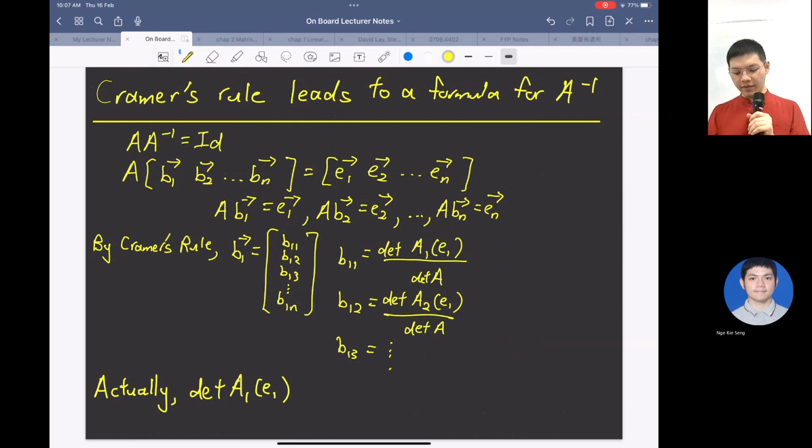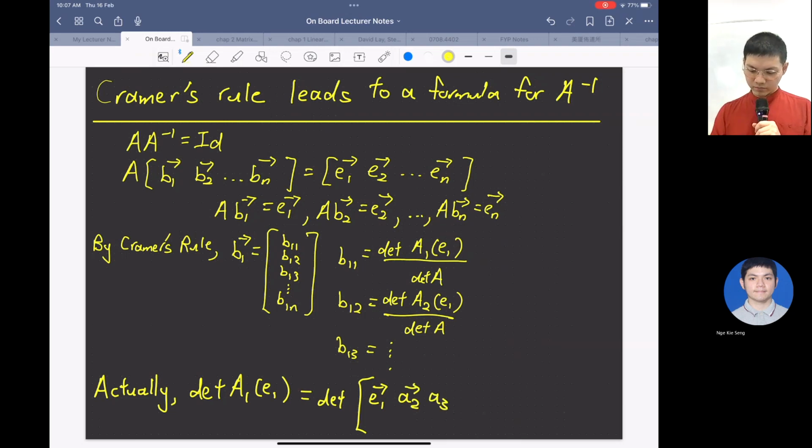You have your E1, you have your A. You replace the first column by E1, and then you have the same remaining columns from your A. What is this?